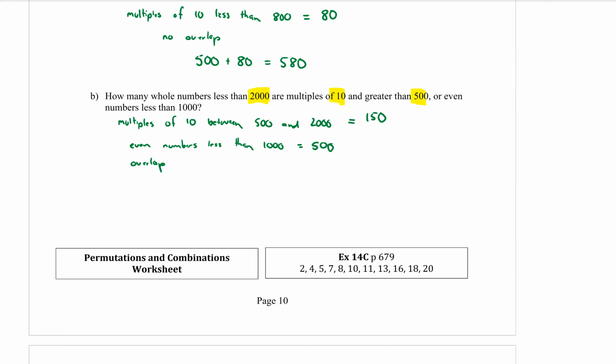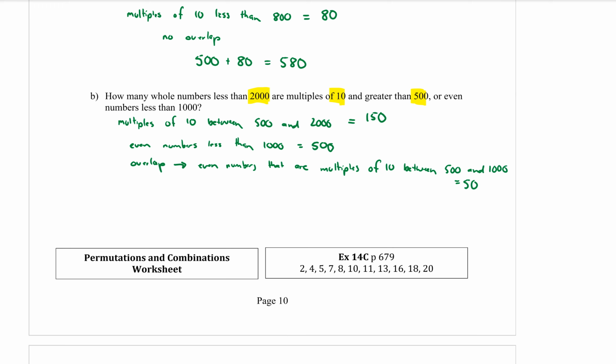So the overlap is the even numbers that are multiples of 10 between 500 and 1,000, which is the 50. There's 50 numbers.